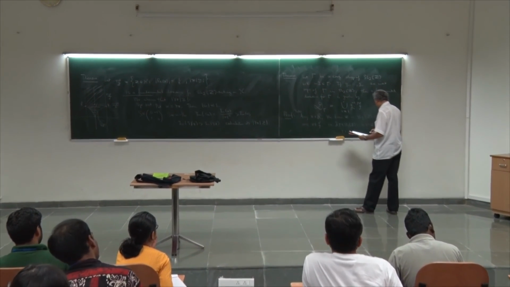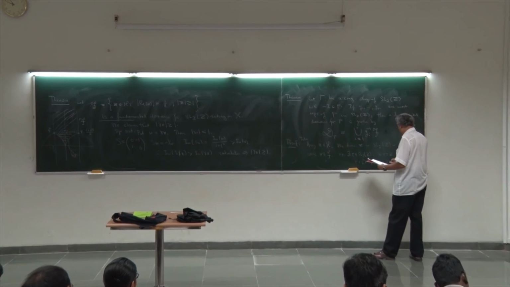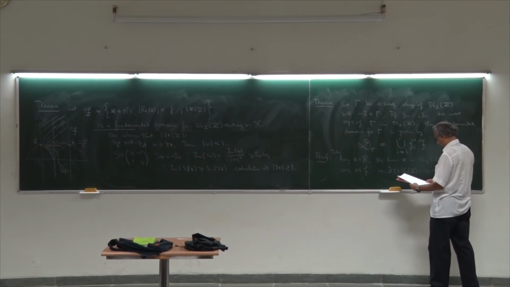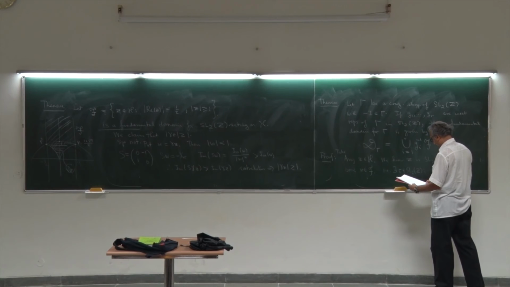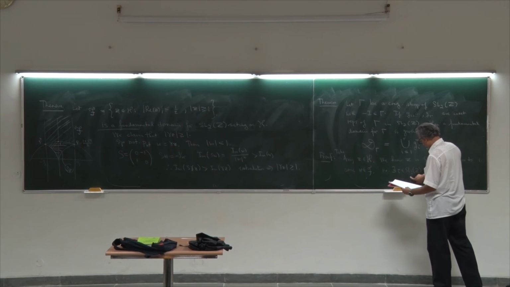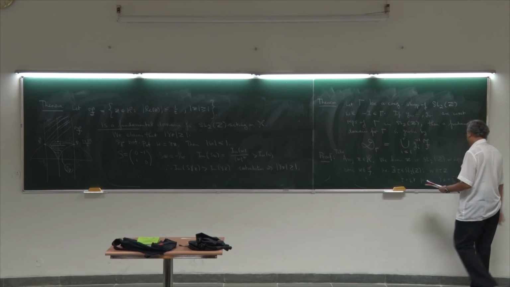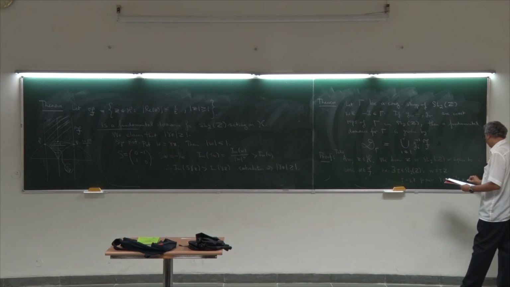So that gamma z then is equal to g_i inverse tau z, which is g_i inverse w, which is of course in our D_F.